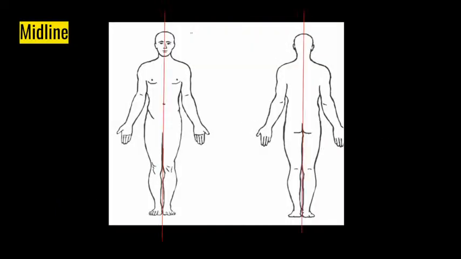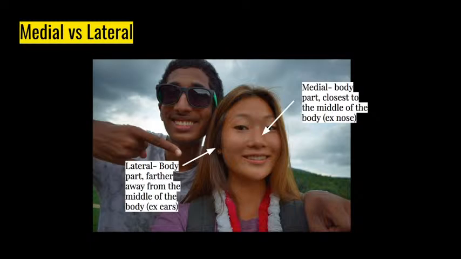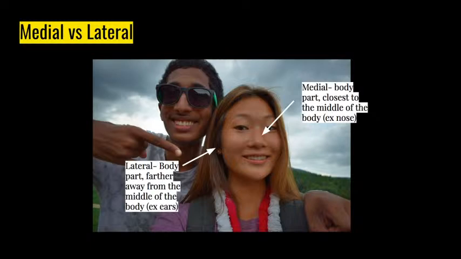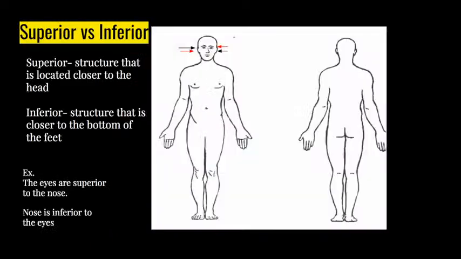Next, we talked about the midline of the body, where you can see the red line here. Medial is the body part closest to the midline, and lateral is the body part further away from the midline of the body.